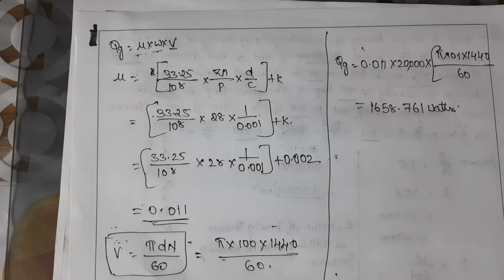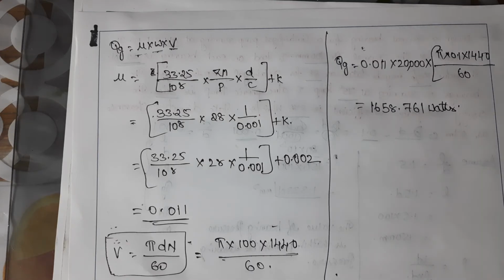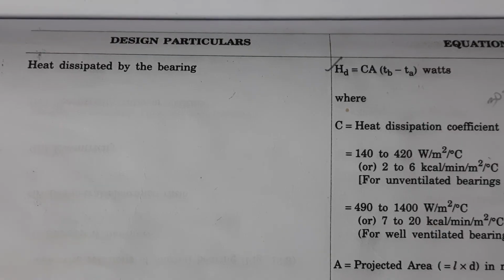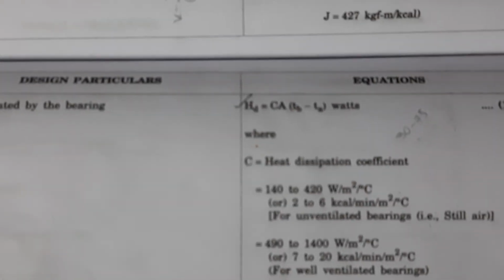So next we need to find out the heat dissipation. For calculating the heat dissipation, in the page number 19.5, we have a formula: C A into (Tb minus Ta). C is nothing but heat dissipation coefficient.